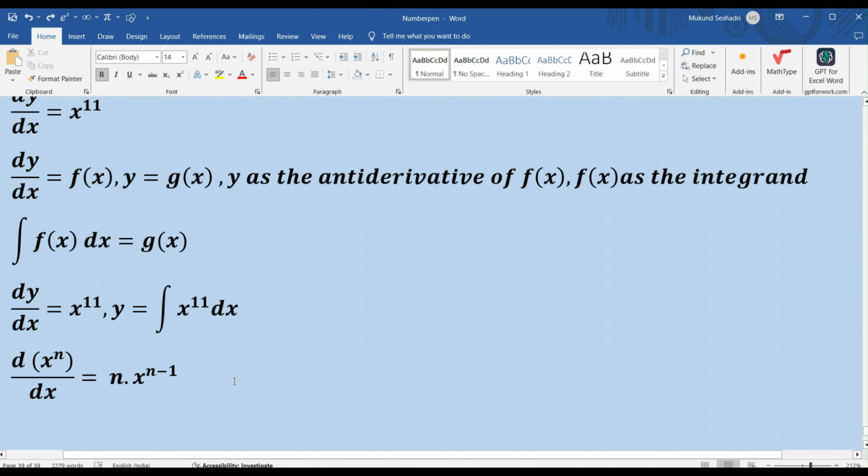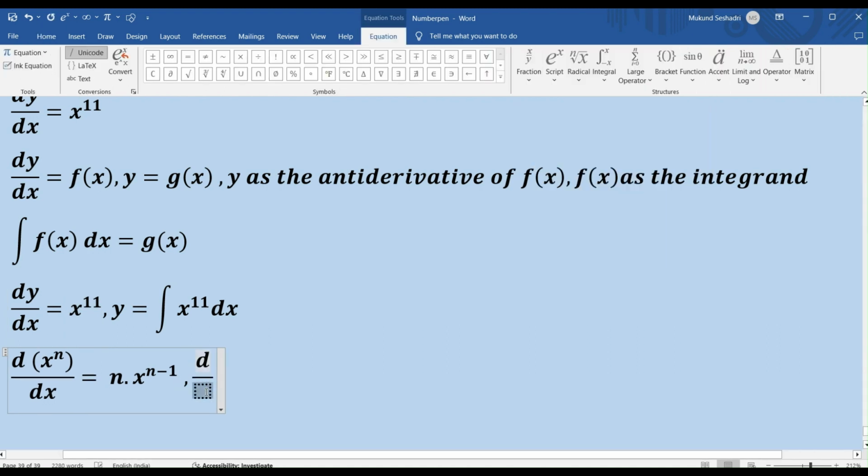So this is what we have from first principles: d by dx of x to the power n equals n into x to the power n minus 1, right? So what is that function which, when I differentiate, will give me x to the power 11 is what we have been asked to find, right?